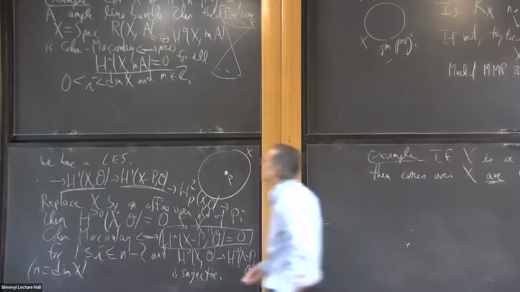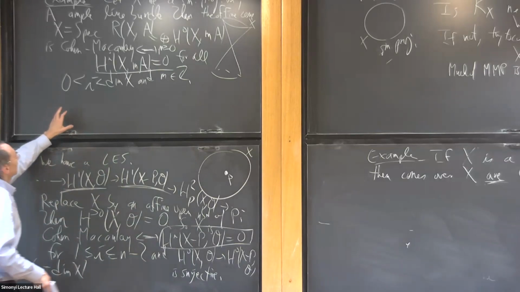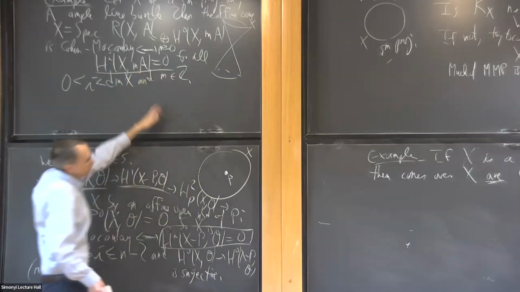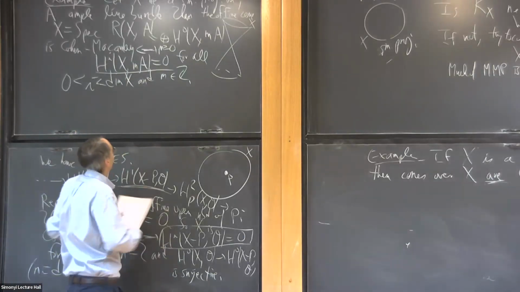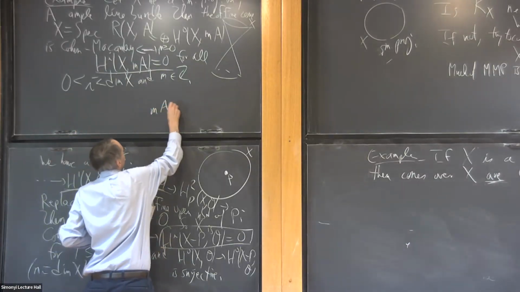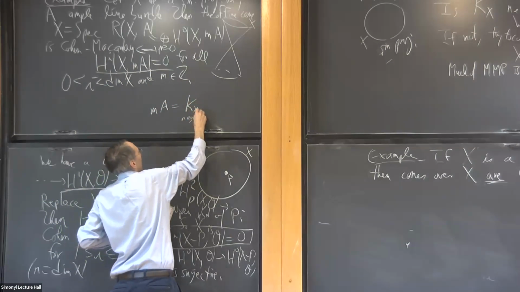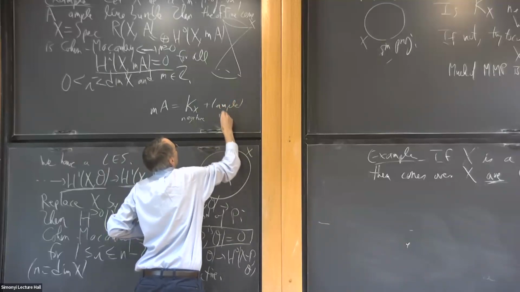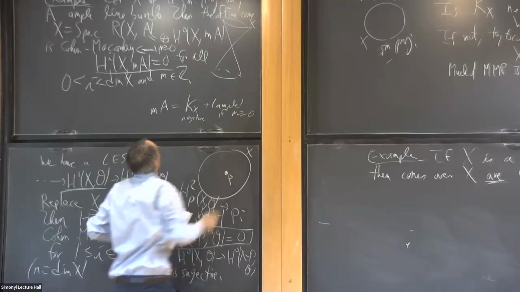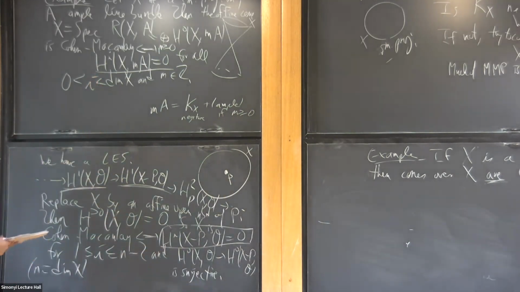Well, then one version of Kodaira vanishing is going to tell you that these cohomology groups are 0 for m greater than or equal to 0, because n times A is equal to the canonical bundle, which is kind of negative in this case, plus something ample. I guess this will happen if m is greater than or equal to 0. And so that will tell you vanishing of these groups for m greater than or equal to 0.